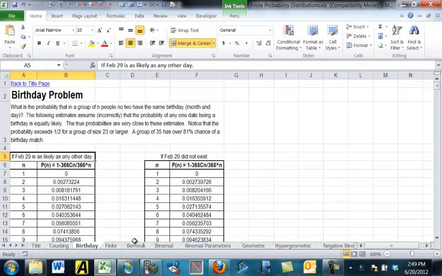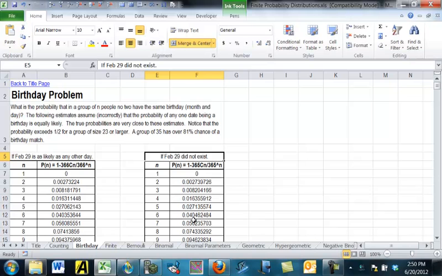And we want to subtract that from 1 to find the probability that we get at least 2 the same. If February 29th didn't exist, there'd be 365 days. So the true probability is maybe somewhere in between. Also, every day is not exactly equally likely, as we discussed back in Unit 1. But this gives you a rough estimate.